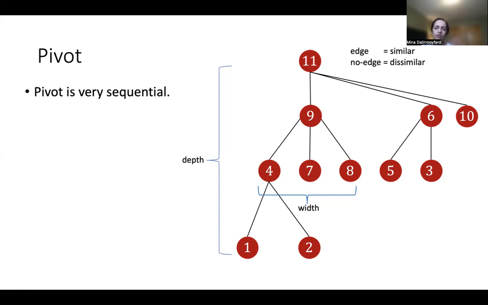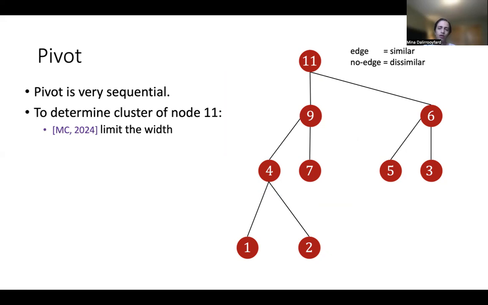In order to make this process more efficient, there are 2 ideas that have been implemented in past work. The first one is to limit the width. So instead of looking at all of the neighbors of each node that have a smaller rank, we just look at a limited number of them. For example, we just look at 2 of them.